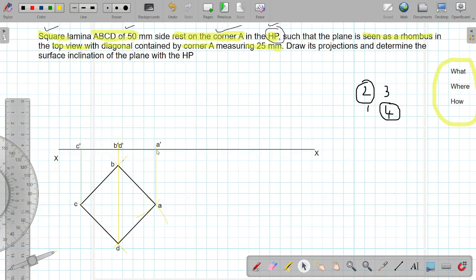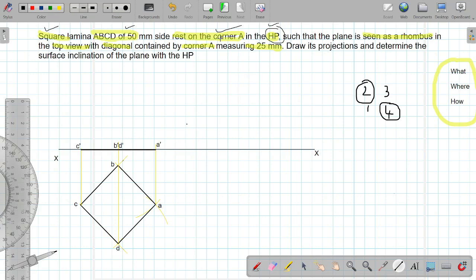Now the next step to complete step 2 is to make this line dark from point A to point C. Now next step. This is step 1, this is step 2. Now step 3 should come here.